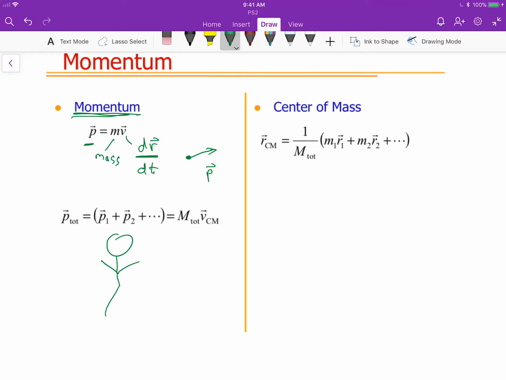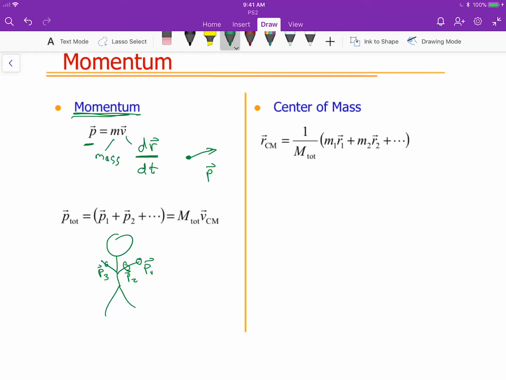But what if we want to know what is the momentum of a person? What we did when we were talking about that is basically said, okay, let's take every atom in the person and say this atom has P1, this atom has P2, this atom has P3.